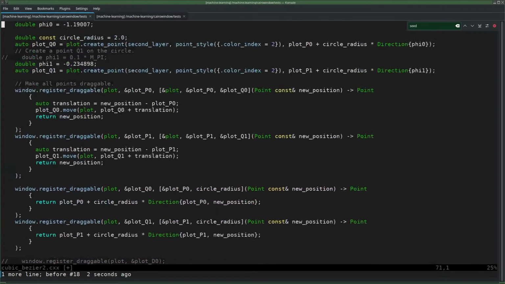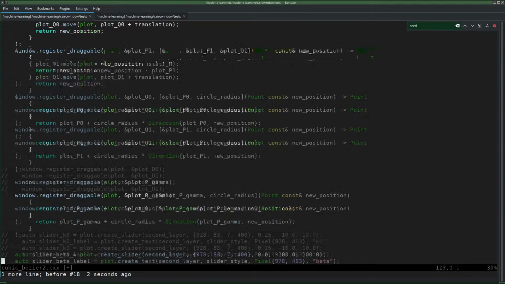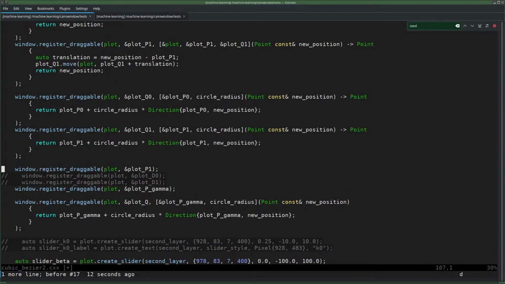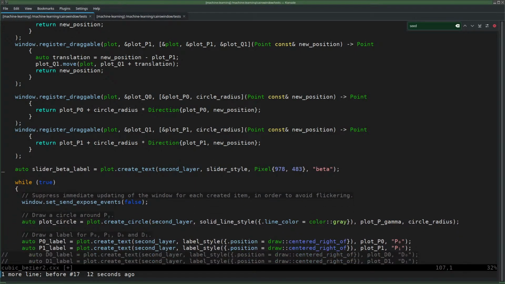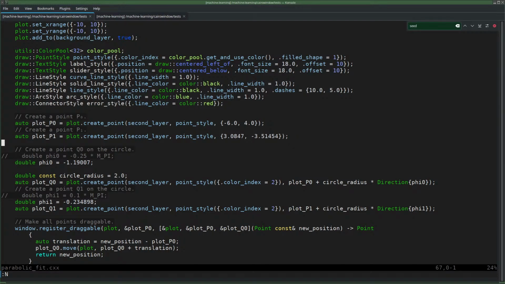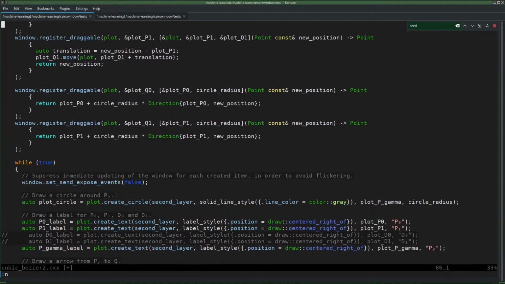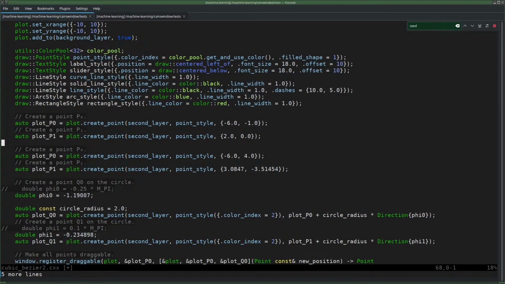Register draggable. After this includes P0, I think so. So the plot P0 is already there. Slider stuff. Probably should copy this as well. Use that instead of what I have here now. Different coordinates.